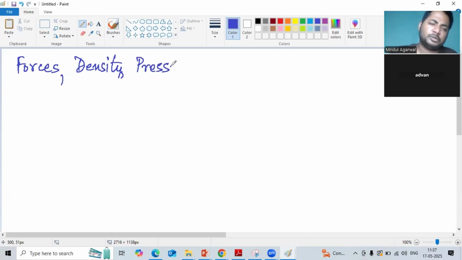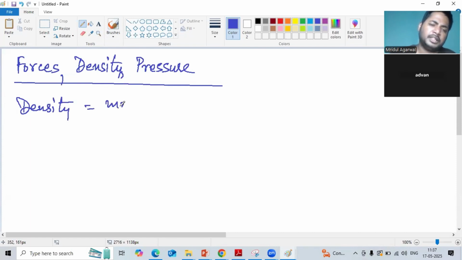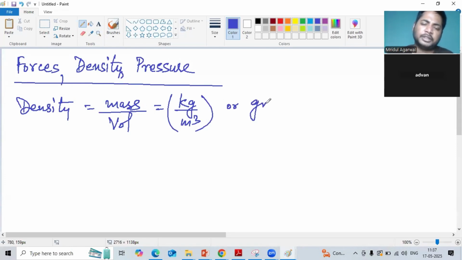If you talk about density, density is given by mass per unit volume, mass of the body divided by volume of that body, and that is given in kg per meter cube or gram per centimeter cube.